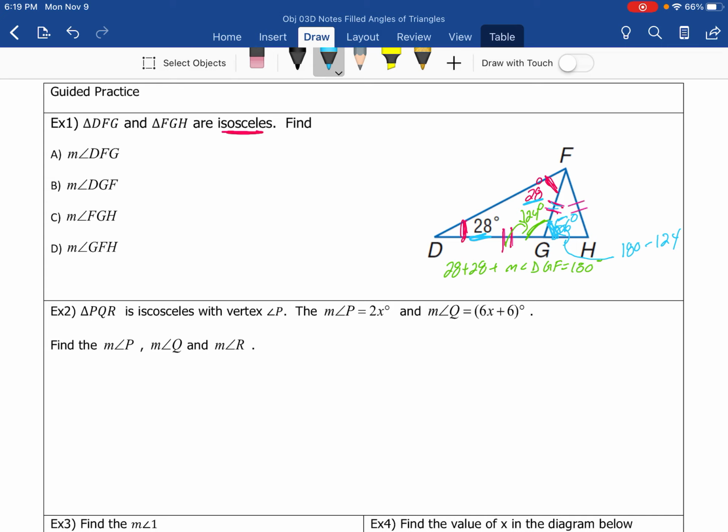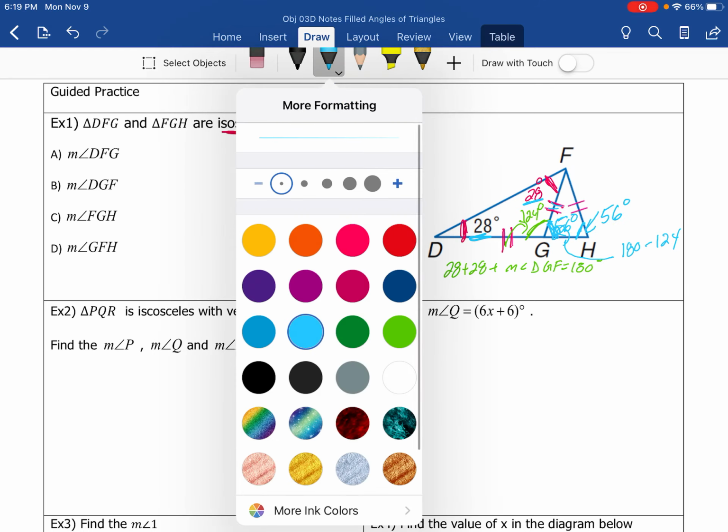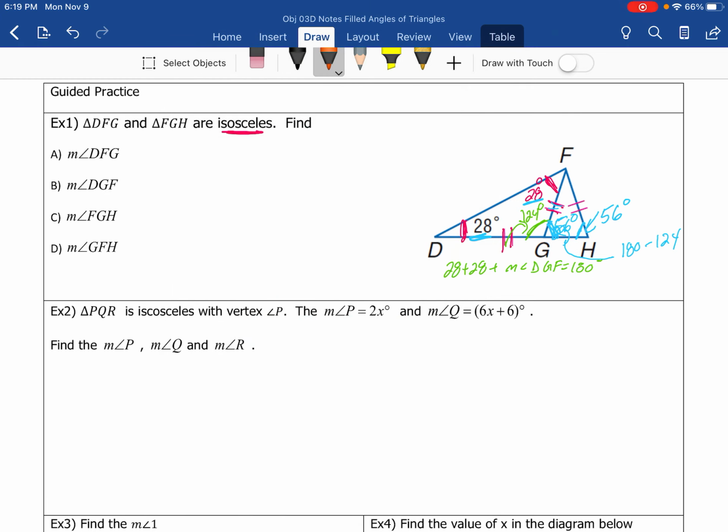Because these two sides are the same, this angle right here also has to be 56 degrees because of the base angles theorem. And last, but certainly not least, how do I find this angle? It's the same thing. The three angles in a triangle add to 180, so it's 180 minus 56 minus 56, which is 180 minus 112, which is 68 degrees.